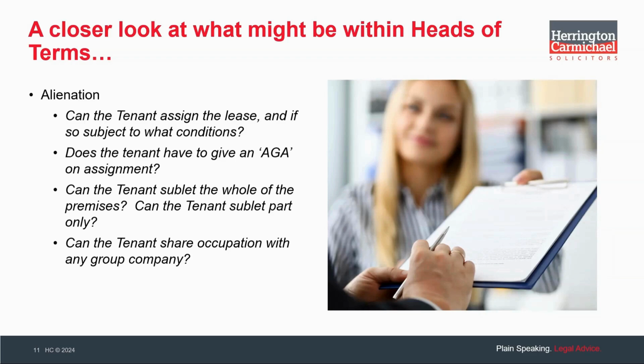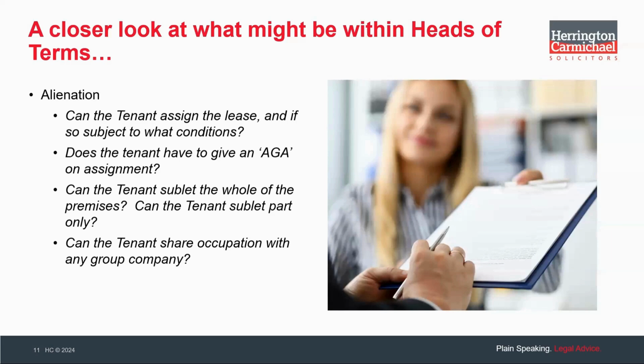So if we were advising a tenant, we would be looking at how easy it would be to transfer or sublet, if there are any conditions that might be applied, and whether there is any security that has to be given by yourself as tenant. For example, if you're transferring your lease to another tenant, quite often a landlord will ask for an authorised guarantee agreement, which we call an AGA.